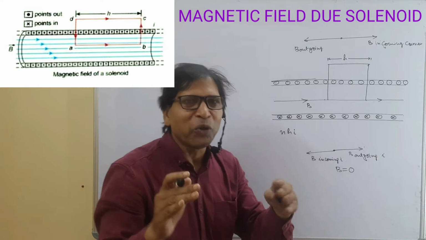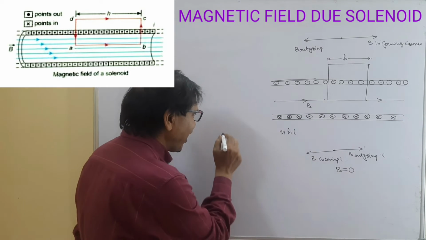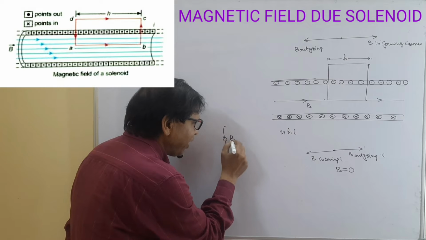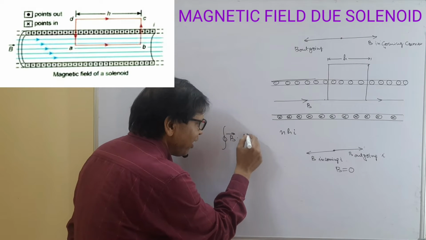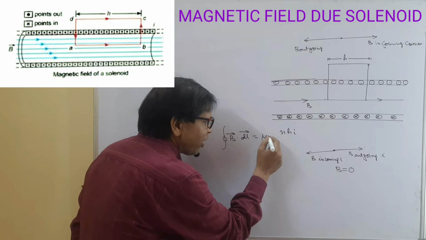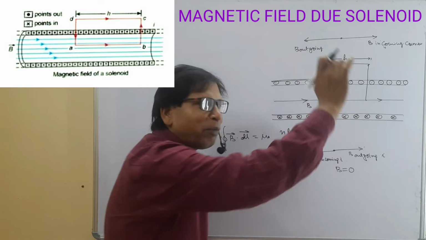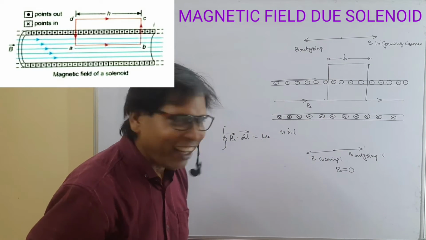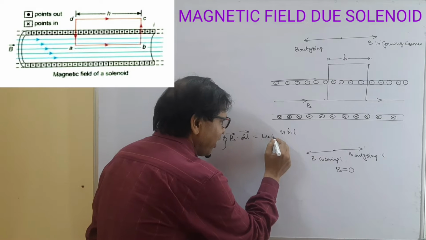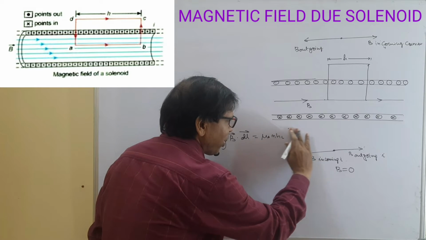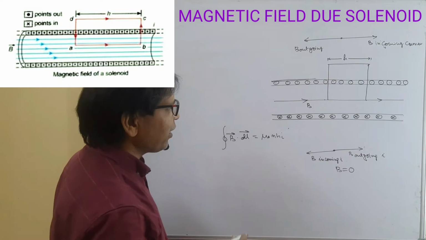Understood? So now apply Ampere's circuital law. The line integral of magnetic field is equal to mu naught into the current enclosed by the Amperian loop. Okay? So this is mu naught nhI. No problem? Now look at this.